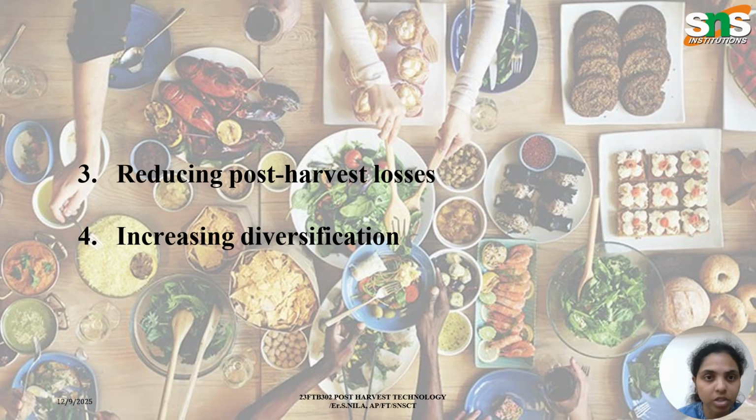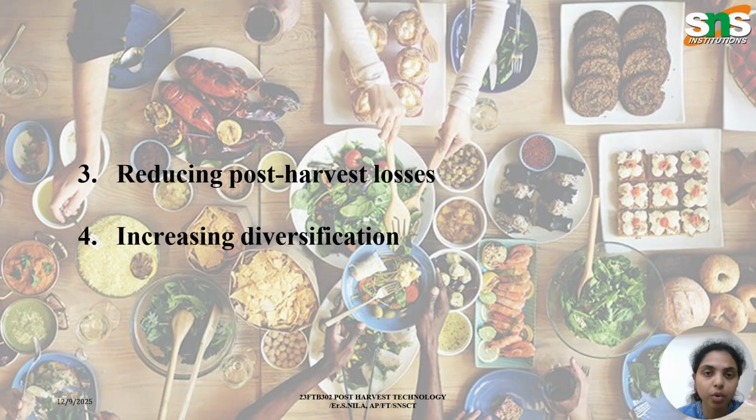And increasing diversification. So, by crop rotation, high value crops, integrated farming, and market linkages, we can increase the diversification. Crop rotation also improves soil health, nutrient balance, and pest or disease management, reducing the loss of produce during growth. In high value crops, while choosing farming, you can first select the high value crops.